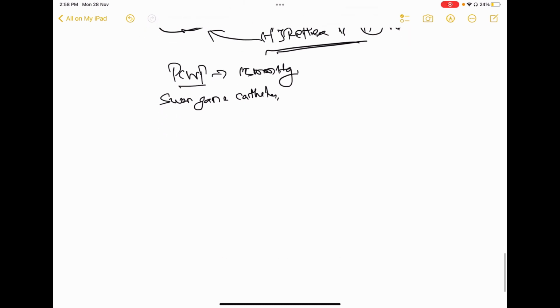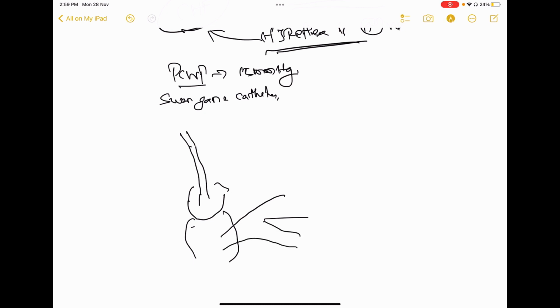You insert a catheter through the IJV, and it goes down through the great veins into the SVC, the right atrium, the right ventricle, and then into the pulmonary arteries, and then to the smaller pulmonary vessels, all the way up to the smallest pulmonary capillary.